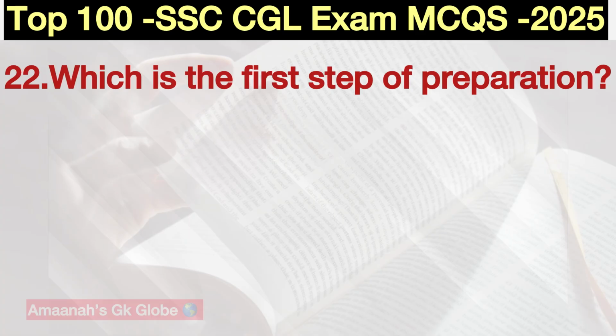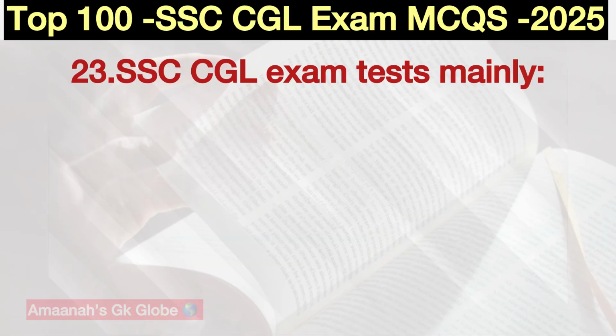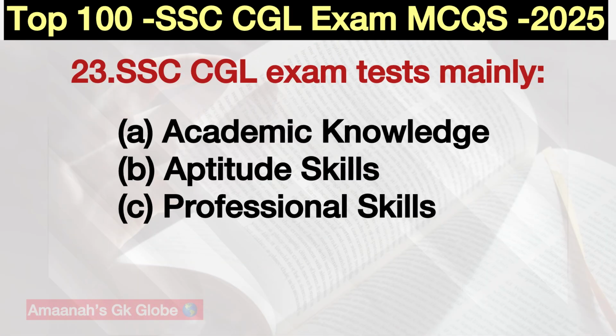Question number 22. Which is the first step of preparation? Right answer is option B, know the syllabus. Next question is SSC CGL exam tests mainly. Right answer is option B, aptitude skills.